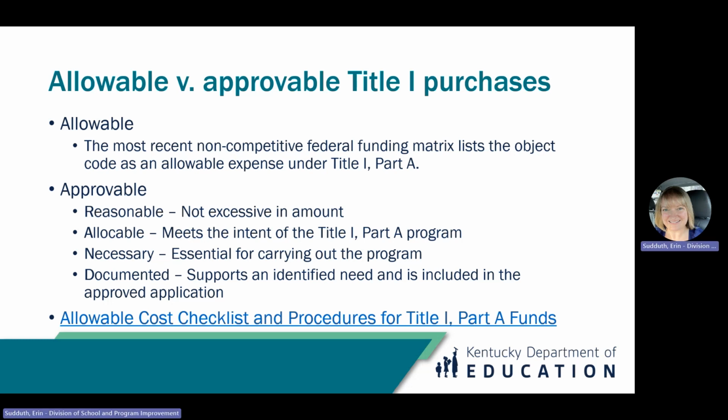Districts are required to have written procedures outlining how they determine purchases are allowable and approvable. The KDE resource linked on this slide provides some guiding questions which can help districts craft their own procedures. So keep these RAND requirements in the back of your mind as we begin discussing the Comprehensive Improvement Planning diagnostics.